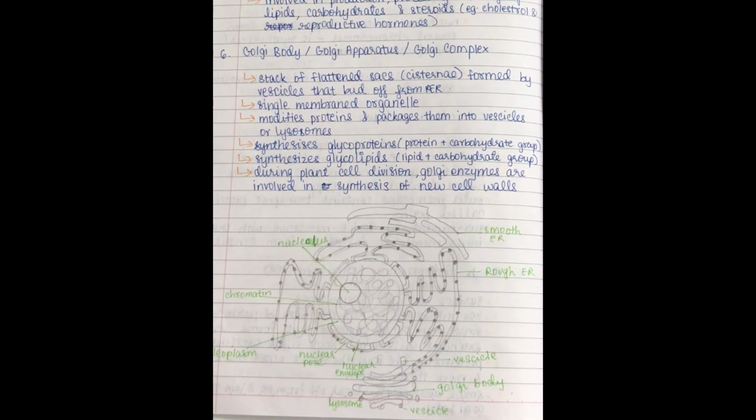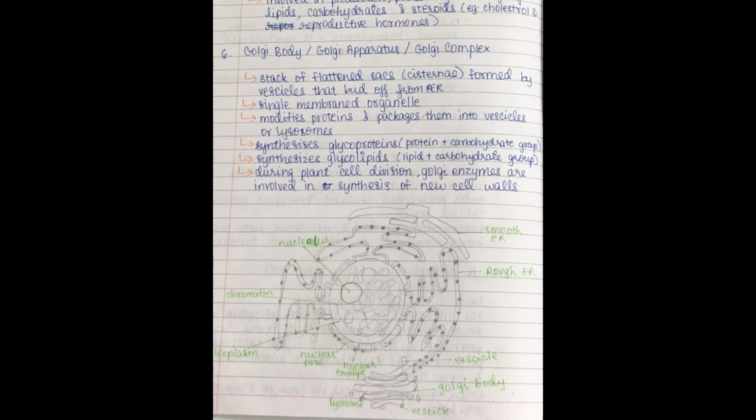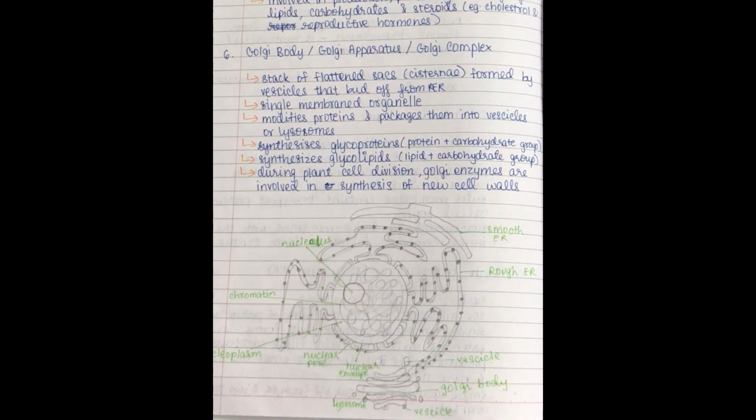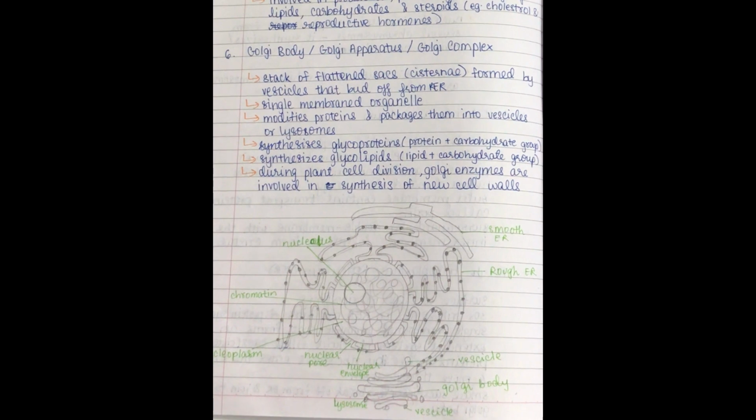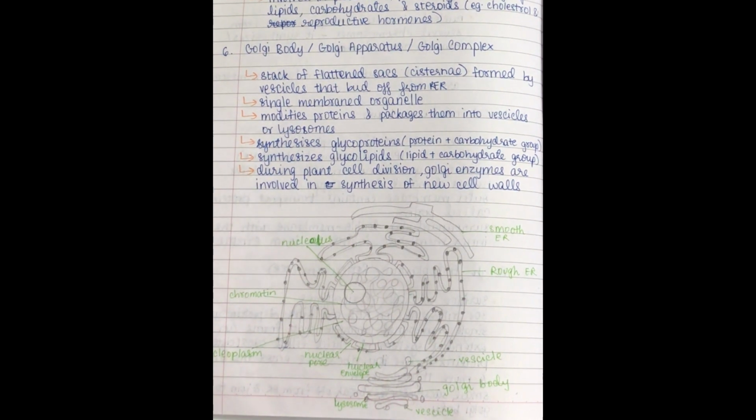Its main function is to modify proteins and package them into vesicles or lysosomes. It also synthesizes glycoproteins and glycolipids. Now, the word glyco suggests a carbohydrate group. So, a carbohydrate group plus protein forms glycoproteins, and a carbohydrate group plus lipids forms glycolipids. During plant cell division, Golgi enzymes are involved in the synthesis of new cell walls.